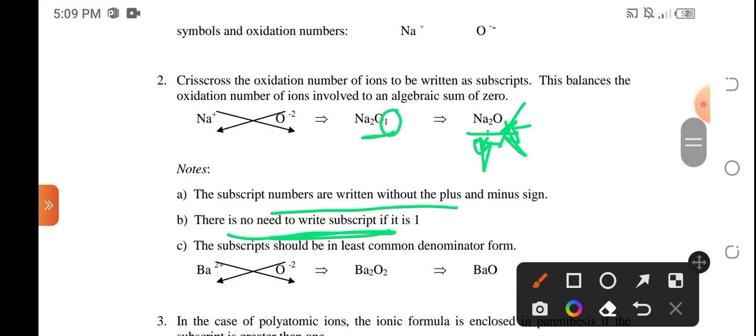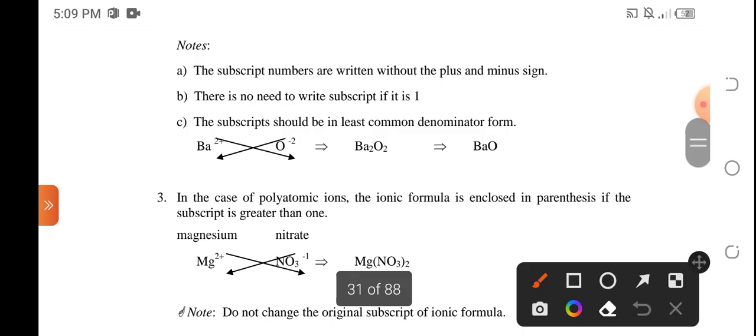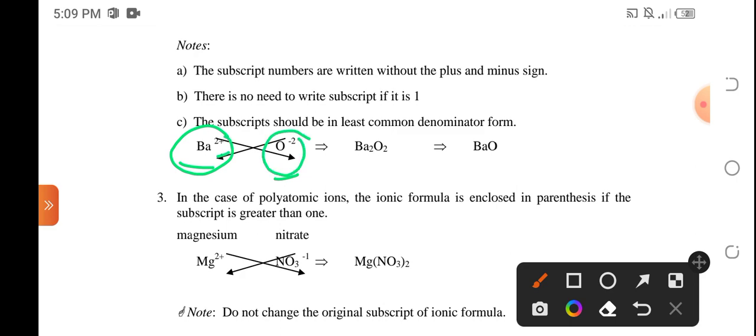Okay? Another example, so we have here, okay, barium oxide. So barium will have positive 2 and oxide will be negative 2. Okay, so crisscross Ba2O2. But if the new subscript, okay, meron silang common denominator, like this one, 2, 2.